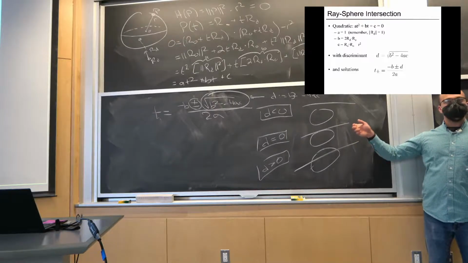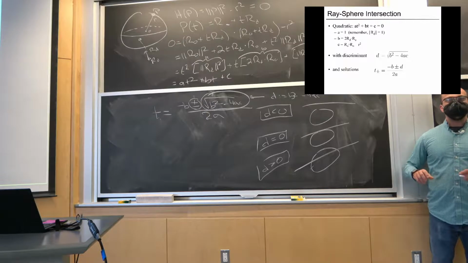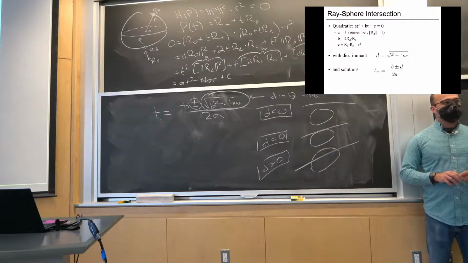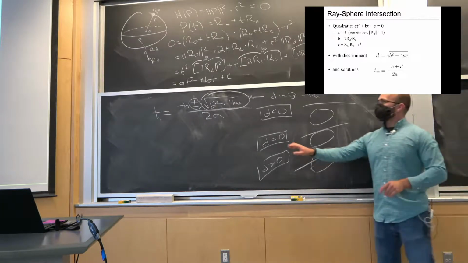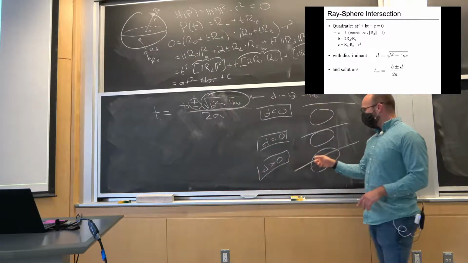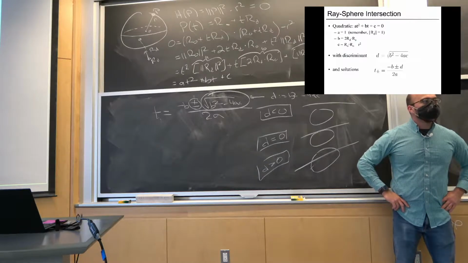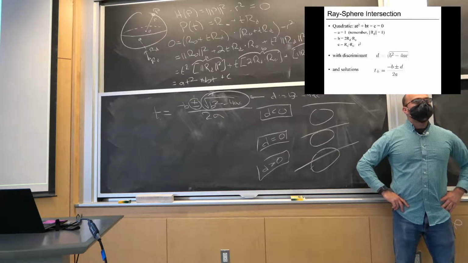Obviously, these two cases are easy enough to detect and deal with. This third one is mildly annoying, because there are two different t's. Essentially, I could put plus or minus this value here and get two different intersection points, and that's perfectly valid. So which one should I choose? The smallest one. Yeah, so you've all walked into the trap except for Maxime here.